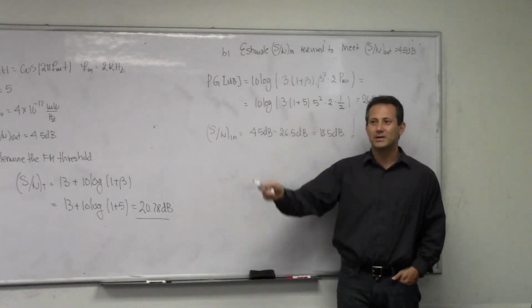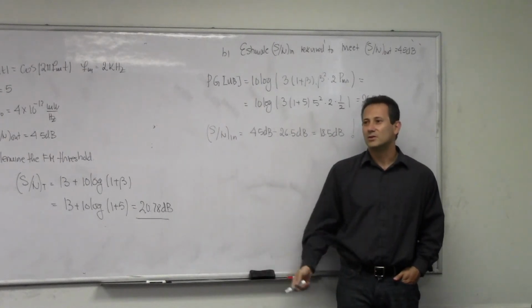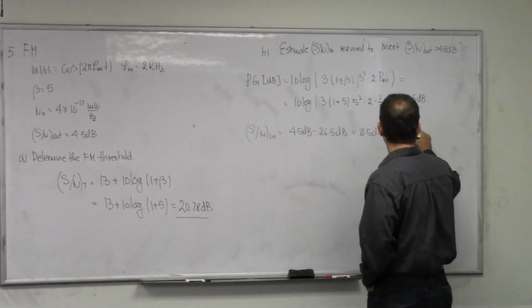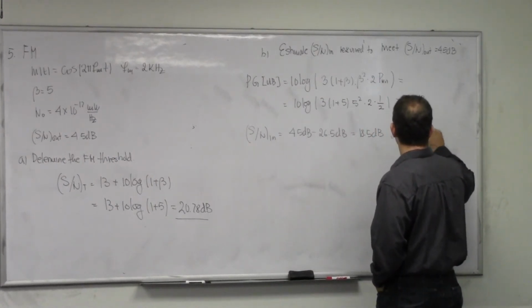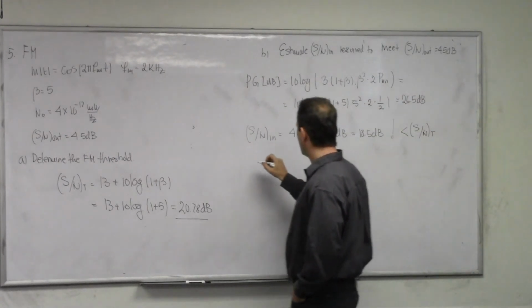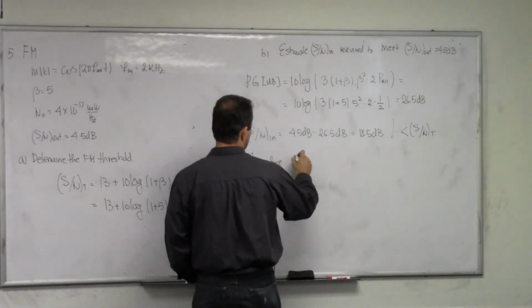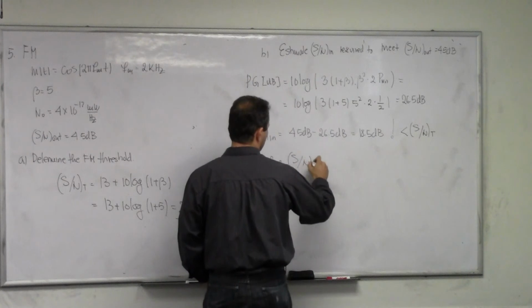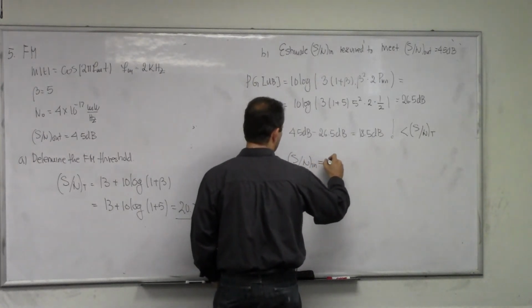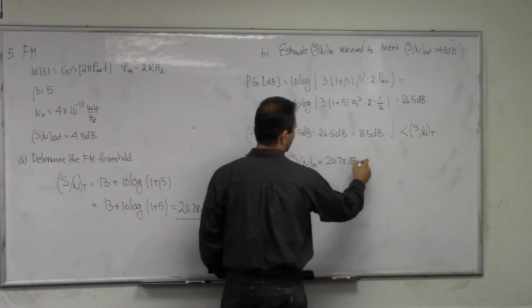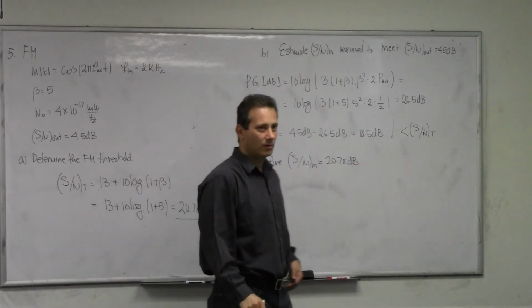It will either be better than 45 or it's not going to work properly, right? So here, if this is smaller than the threshold, therefore, signal to noise ratio at the input is going to be equal to the threshold, 20.78 dB. Right? So very important, right?